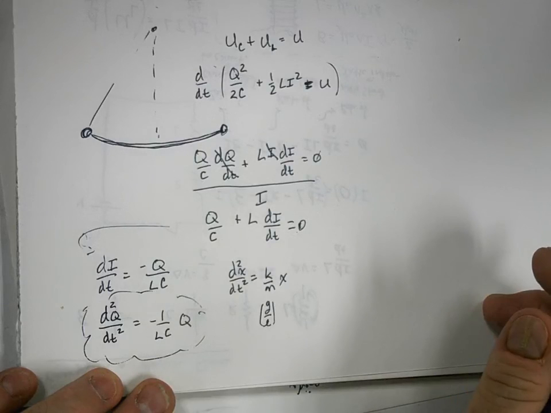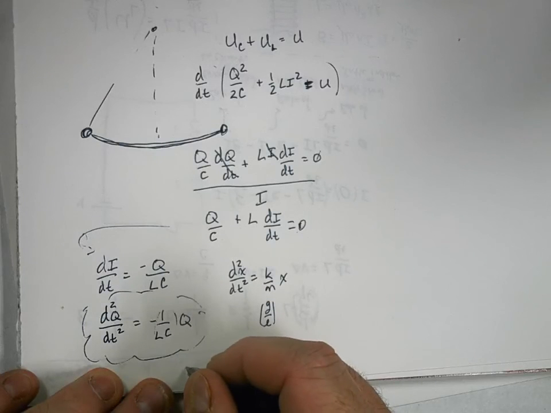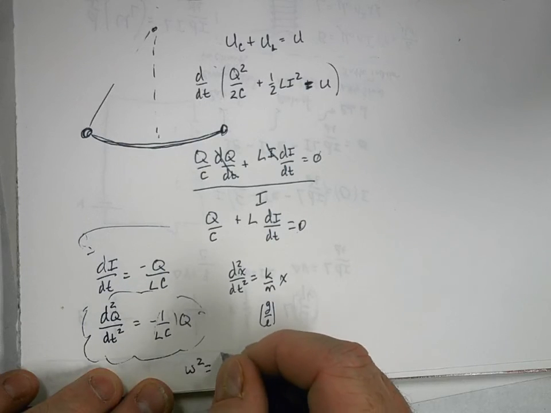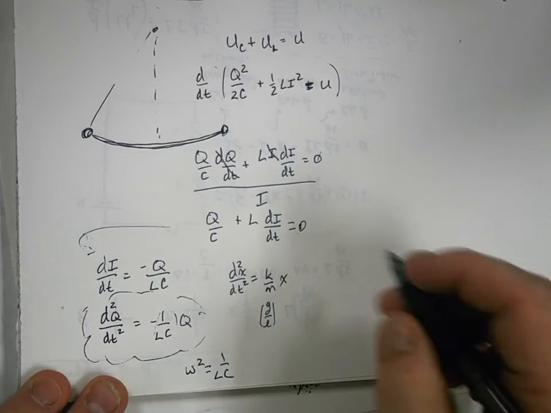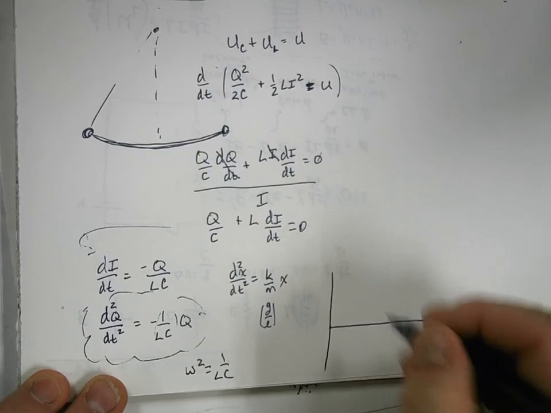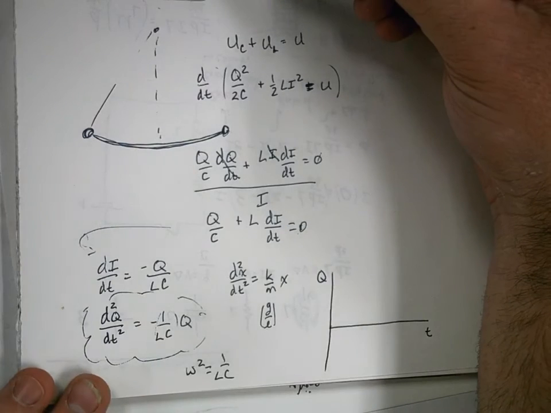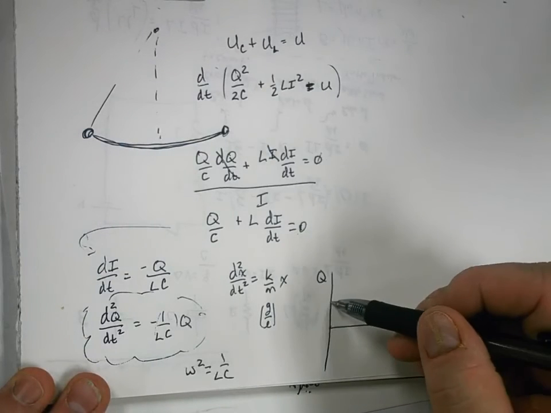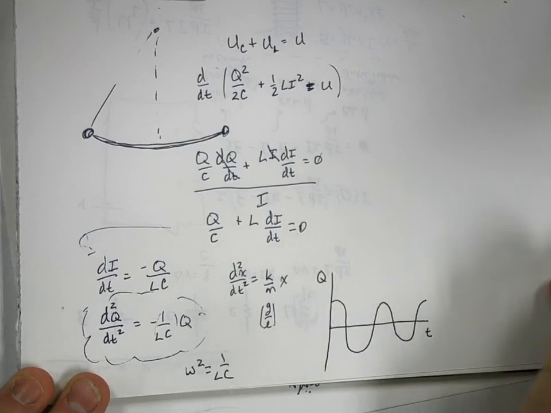Yeah? Right, g over L? Yes. This 1 over LC is omega squared. Okay, and sure enough, if you were to measure Q versus time, the charge on the capacitor per any unit time, it looks like that.